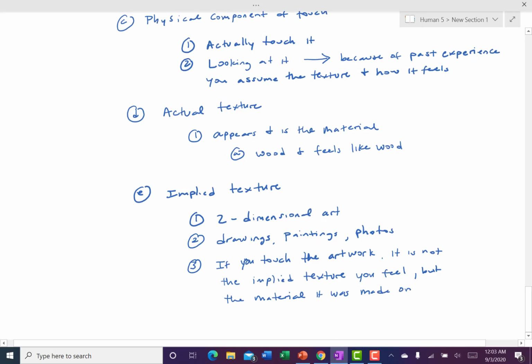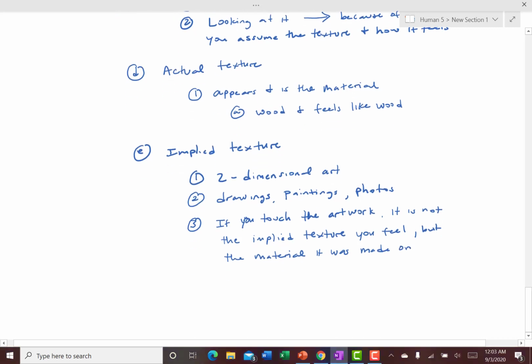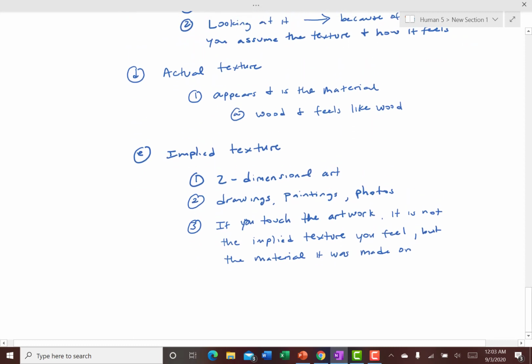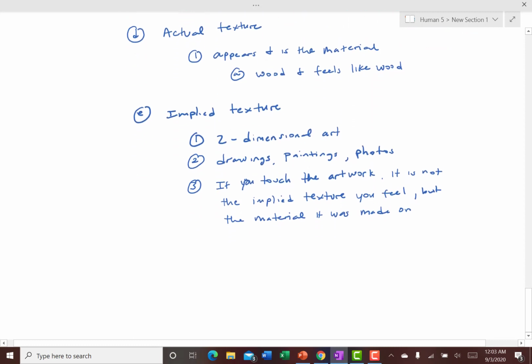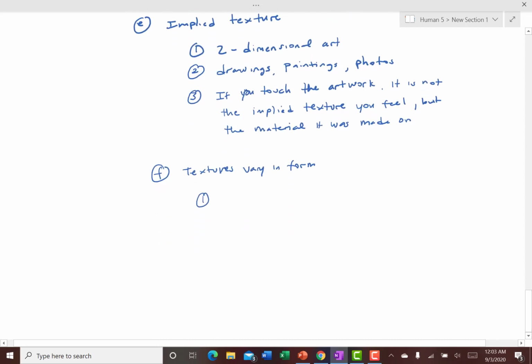Right, so an implied texture can be really good to the point that it looks like you really want to reach out and touch it because it just looks like that texture. And you know, textures vary in form, both implied and actual. And of course, the type of texture used is going to play the same role of that sense of experience and expectation.